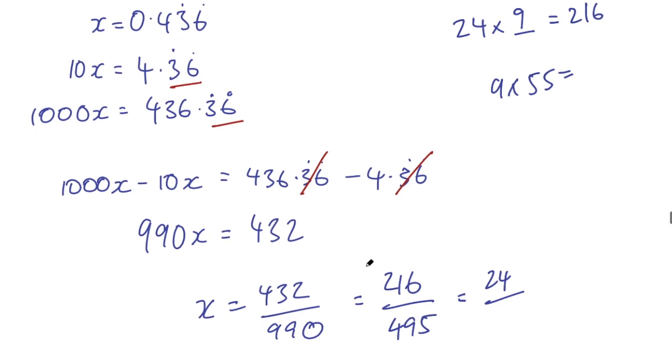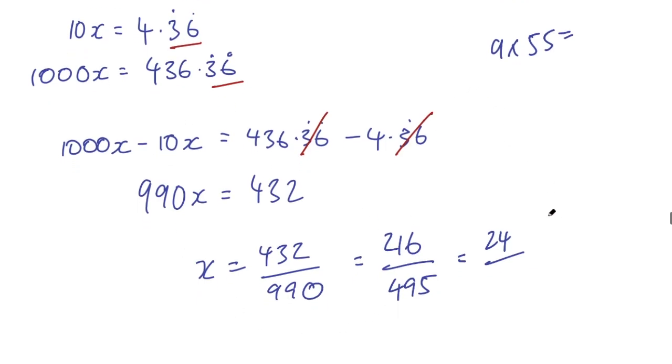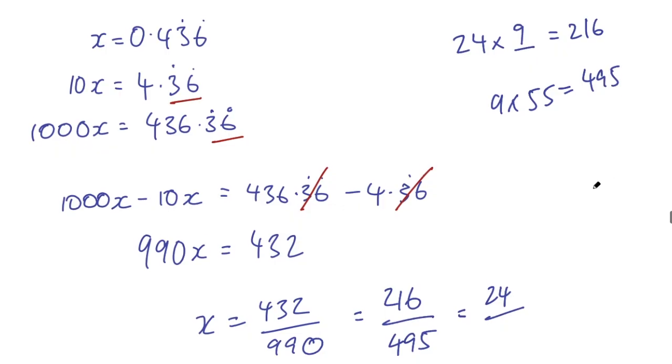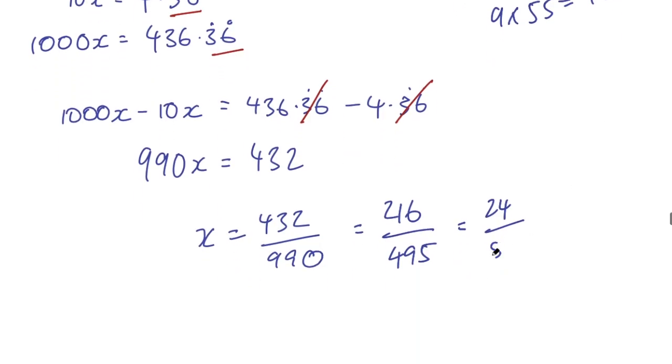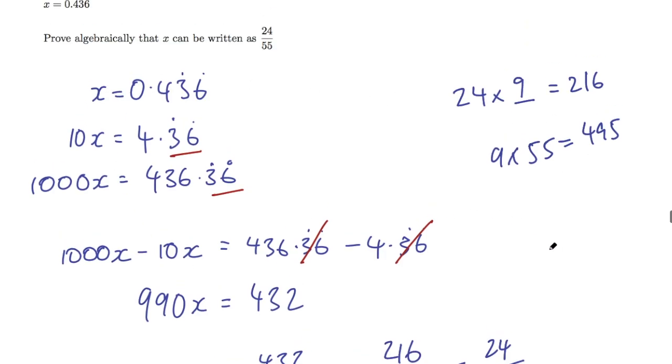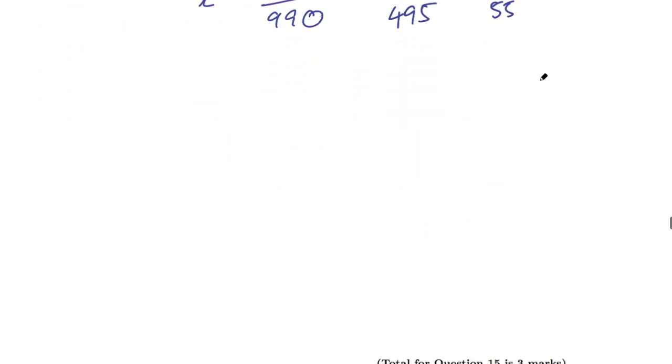Just to make sure you've got the right answer and the right working out. So 9 times 55 is 495, so that's provided a check on the rest of my working out. So now I'm confident that I've got the right answer and I can move on.